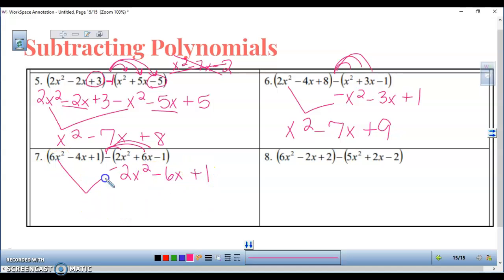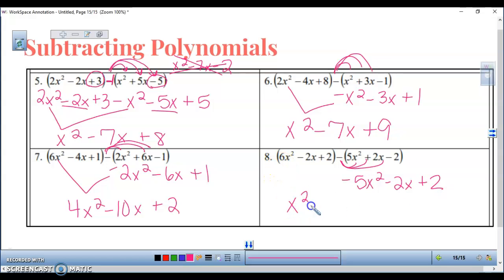Once you distribute, combine like terms. 4x squared minus 10x plus 2. Last one here, distribute that negative. Negative 5x squared minus 2x plus 2. That gives you x squared minus 4x plus 4. So just be careful when you're distributing the negative.